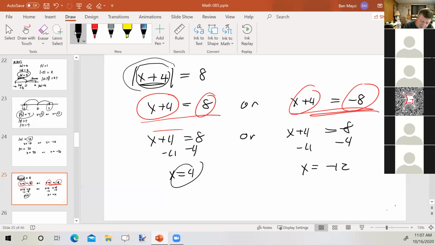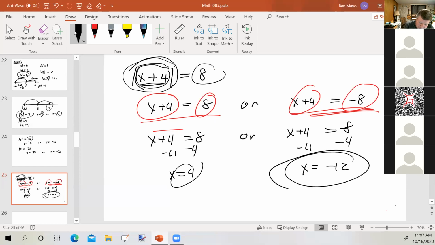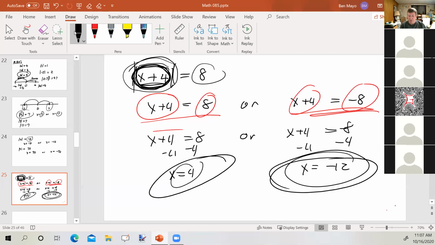What's the absolute value of 8? 8. Okay. What if x is -12? What's -12 plus 4? -8. What's the absolute value of -8? 8. So both these answers work, okay?